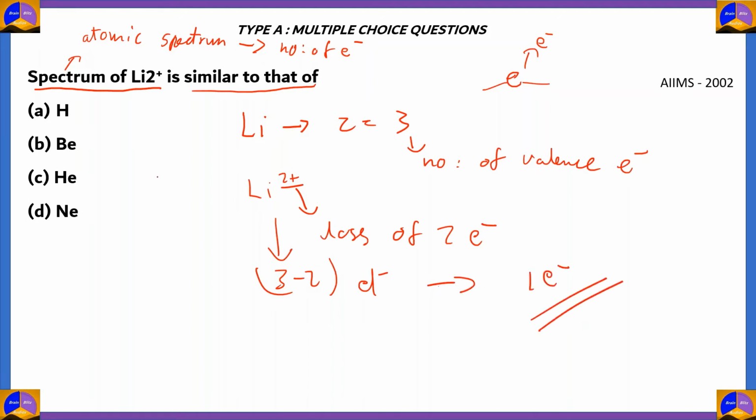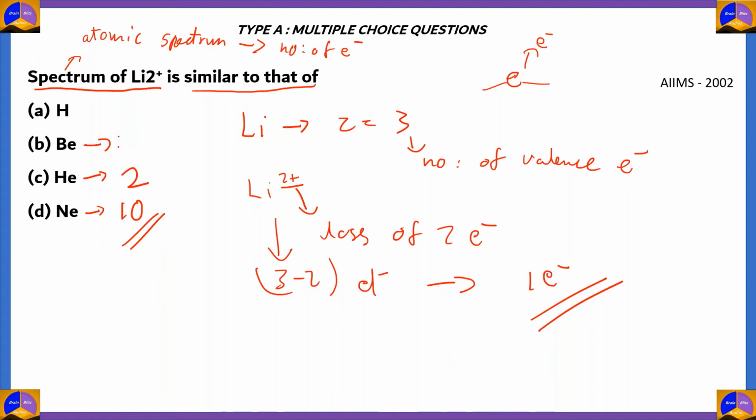We need to find out which of these has 1 electron and 1 valence electron. So let's look at each of our options. Neon has an atomic number 10, so it has 10 valence electrons. Then helium has 2 valence electrons.